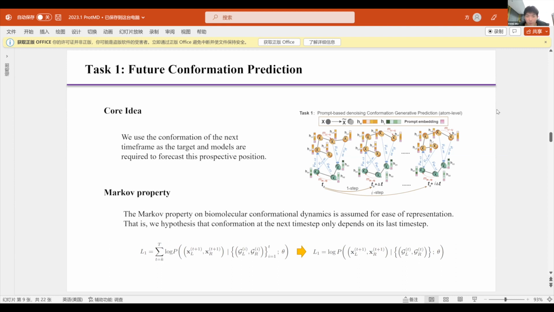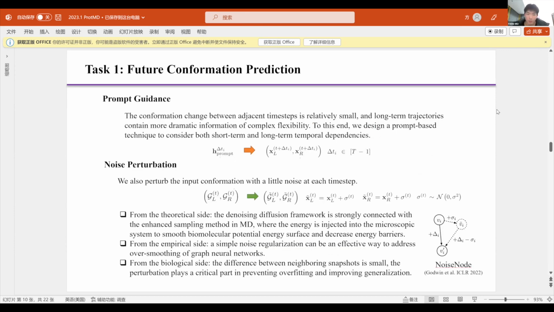The Markov property on biomolecule conformation dynamics is assumed for ease of representation. We hypothesize that the conformation at the next time step only depends on the last time step. So the loss is represented here. The condition is changed from all previous conformations to only the conformation at the last time step.